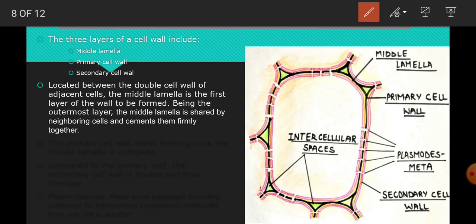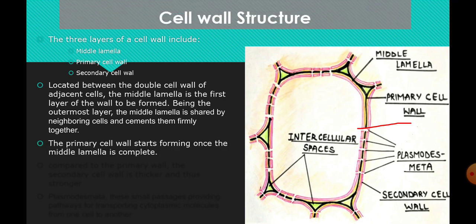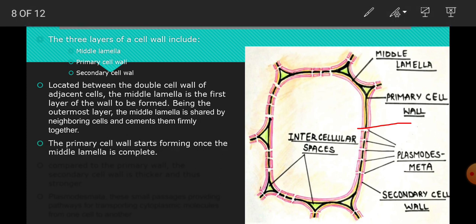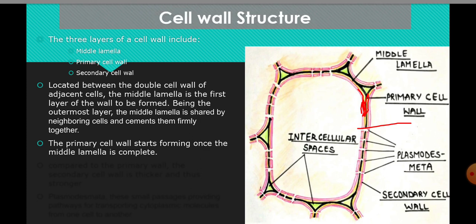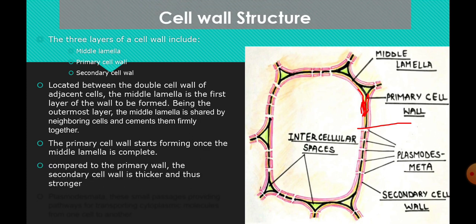And inside the middle lamella, the primary cell wall develops. Here the yellow part is the primary cell wall, and the innermost layer is the secondary cell wall. Compared to the primary wall, the secondary cell wall is thicker and thus stronger.